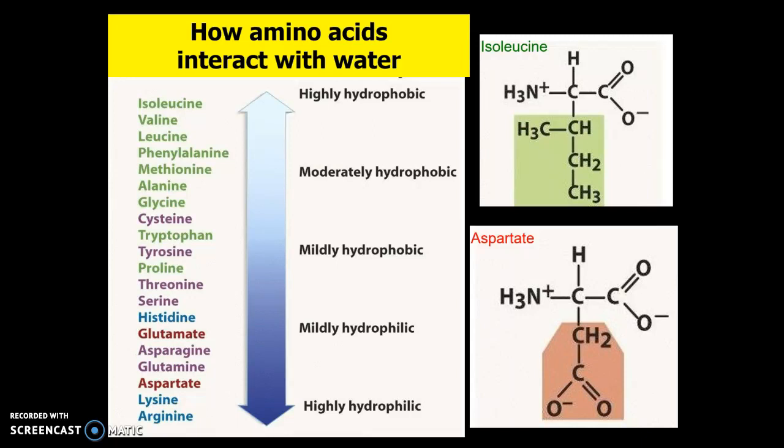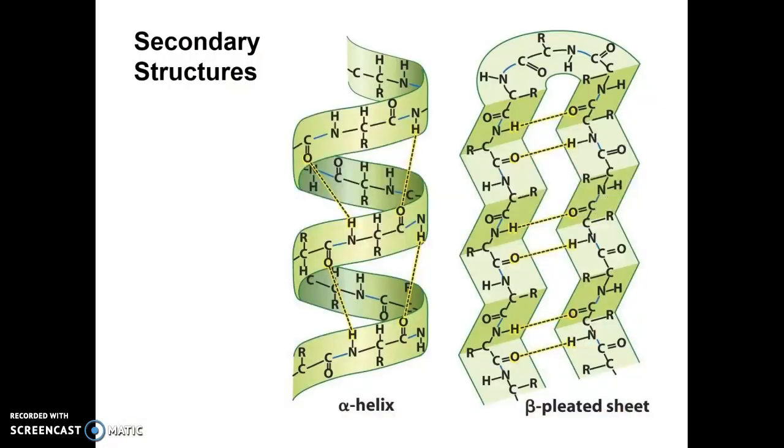And so, for the most part, the hydrophobic amino acids are going to have to be sequestered on the inside of the protein, or maybe they're going to be the part of a protein that is going to be able to span the phospholipid bilayer and be integral membrane proteins.